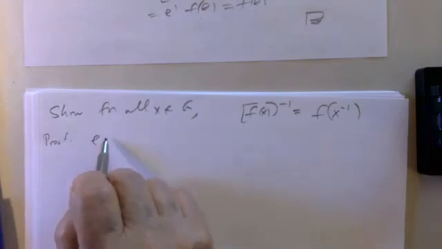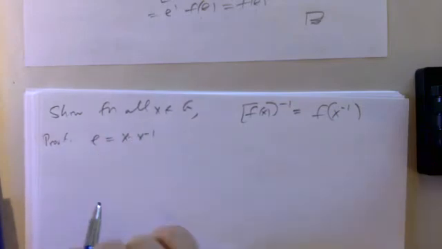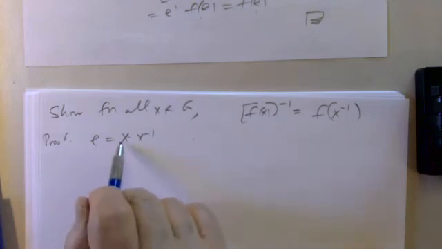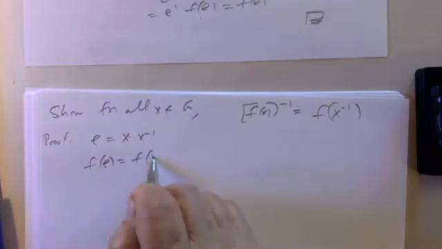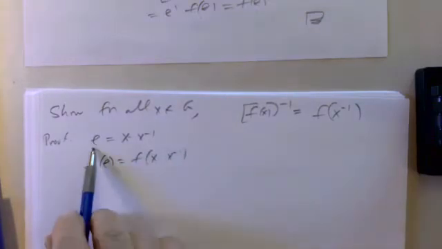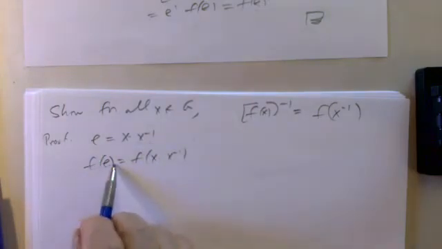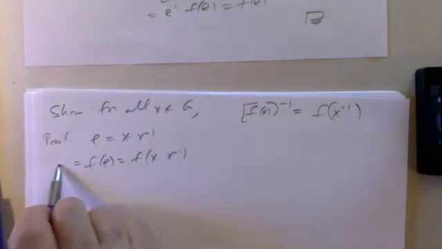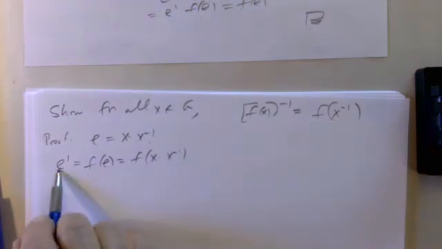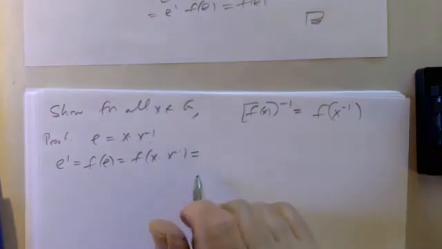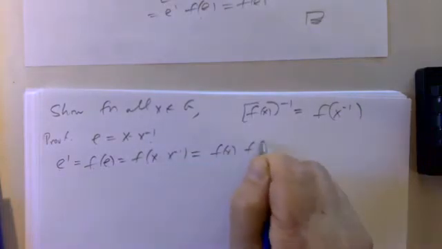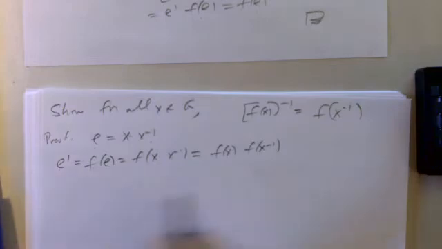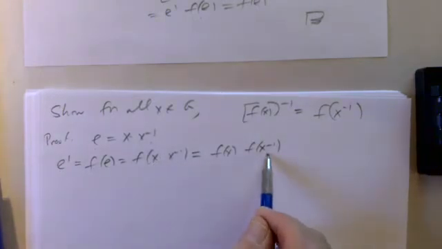We know that E is equal to x times x inverse, because an element times its inverse is the identity. So F of E is F of x times x inverse. I'm just applying F to this element. I just proved that F of E is E prime, the identity in G prime. And by the property of a homomorphism, F of a product is the product, F of x times F of x inverse.